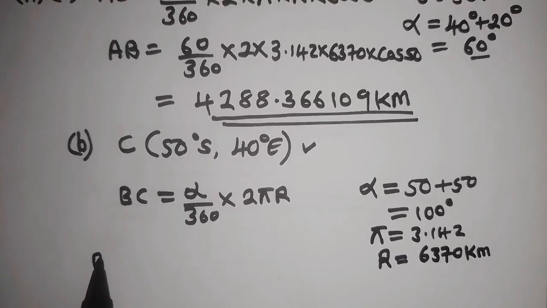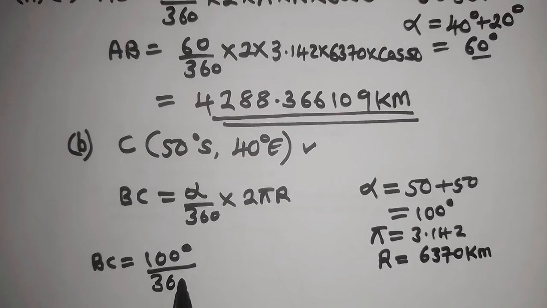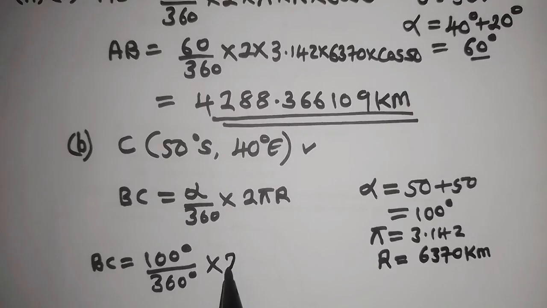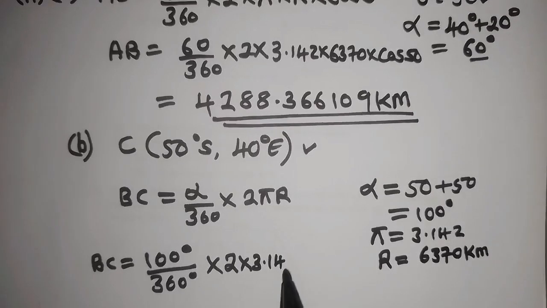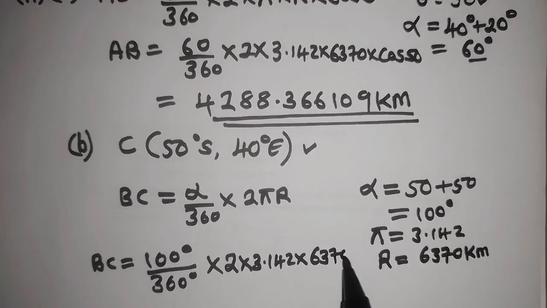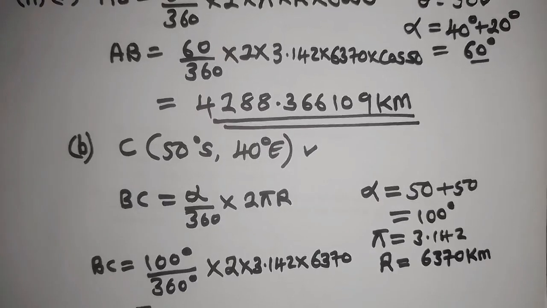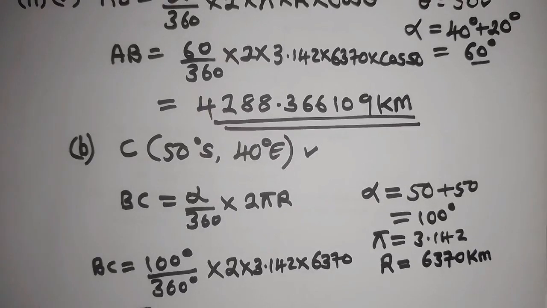So the distance is going to be the alpha, this one is just 100 degrees, divided by 360 degrees, multiplied by 2 times pi, 3.142, times 6370.